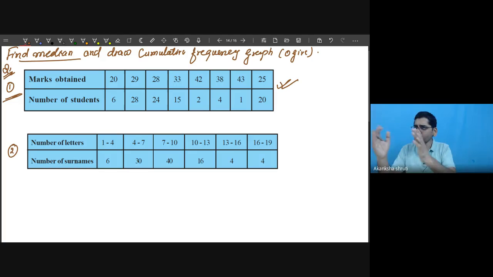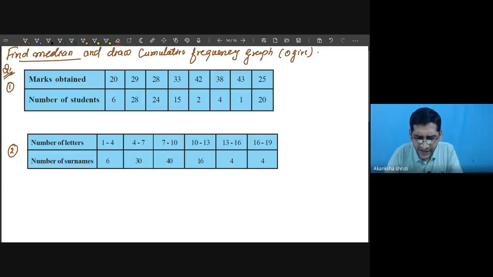Rather than writing 20, 20, 20, 6 times, it is written as 20 with its frequency 6. It simply means that. Student, do not make any mistake in understanding the concept, which concept you shall apply. Because of this frequency distribution, we can apply the concept of frequency or cumulative frequency. That way we can also calculate it. But strictly you can apply the concept of ungrouped data also for the first one.